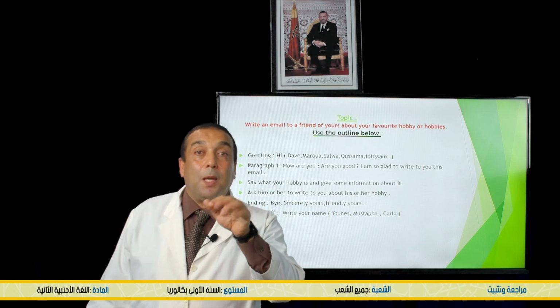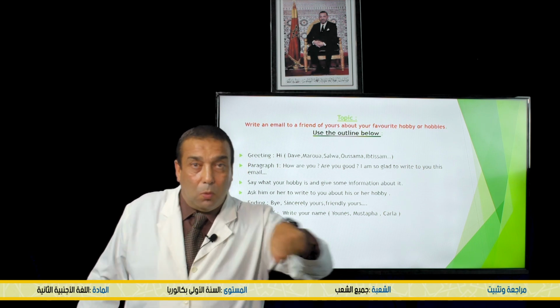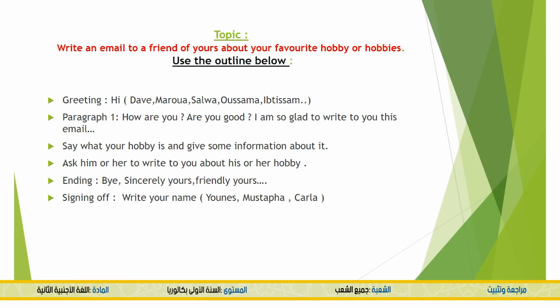Please type or write an email to your friend. Actually, when you are asked to write an email, you have to type it because email stands for electronic mail letter. So write an email to a friend of yours about your favorite hobby or hobbies.